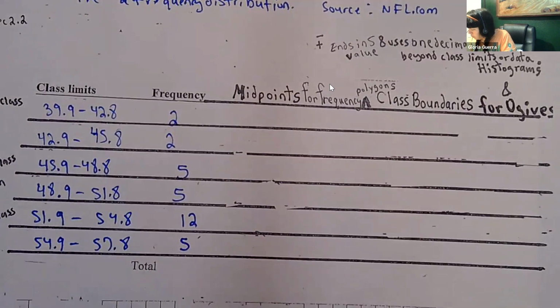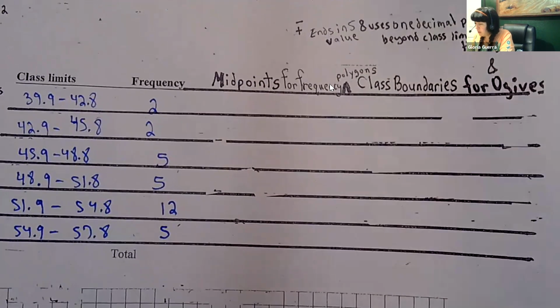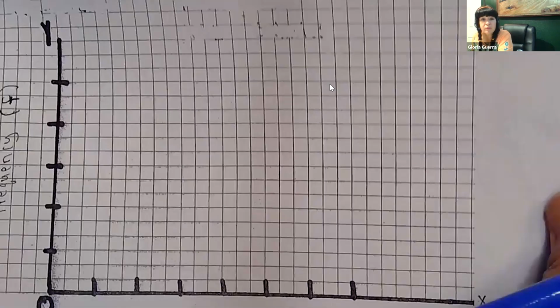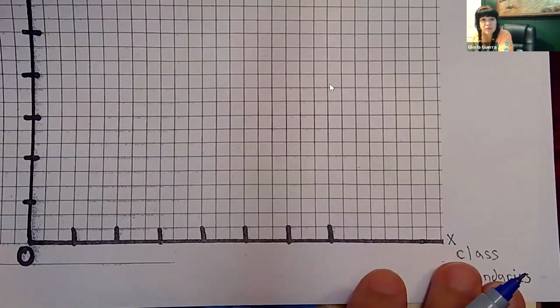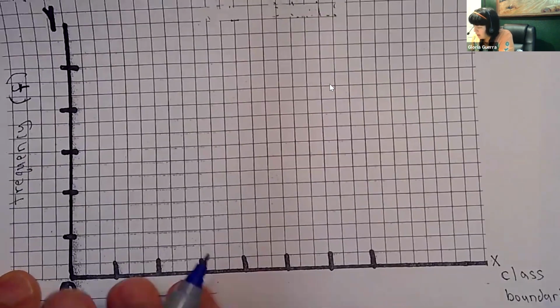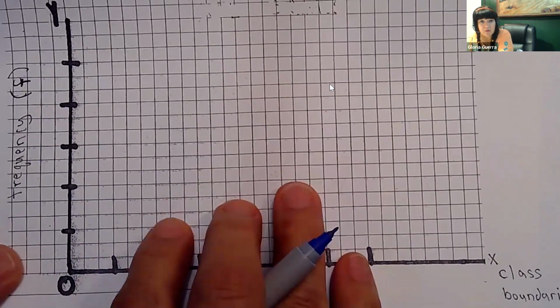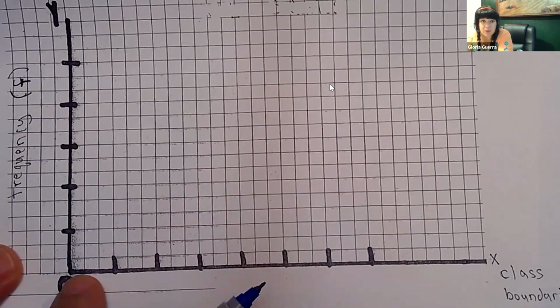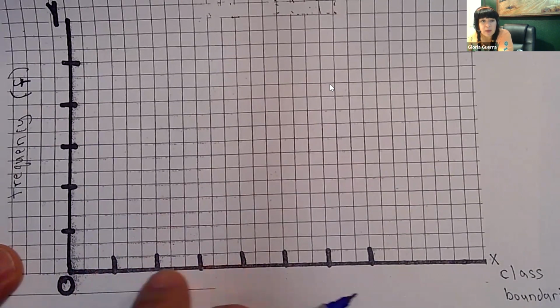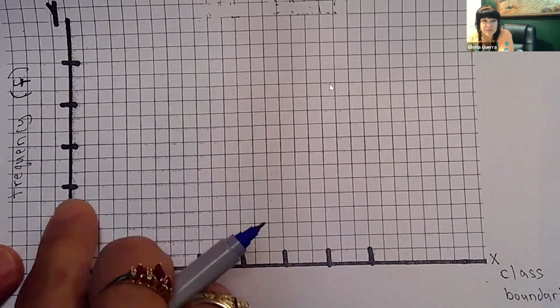But when we're going to make this histogram down here at the bottom, you have to have your class boundaries here. I just got this off of a pad of graph paper, and I just chose to make it equal. You see this amount of boxes, I just chose to use 3. And I did the same thing here, so I have some consistency.